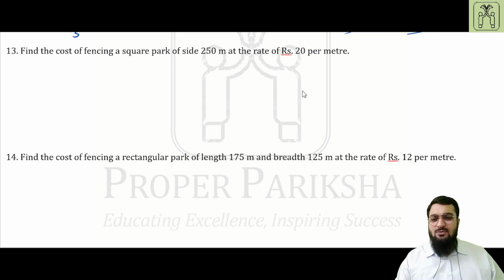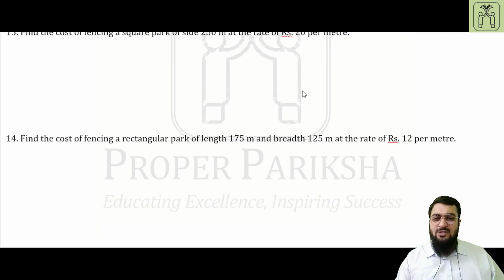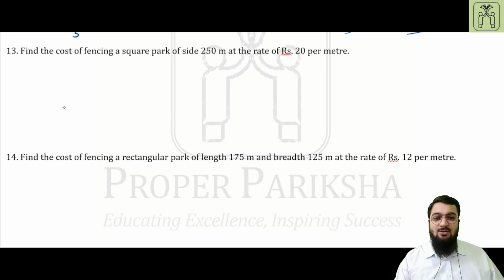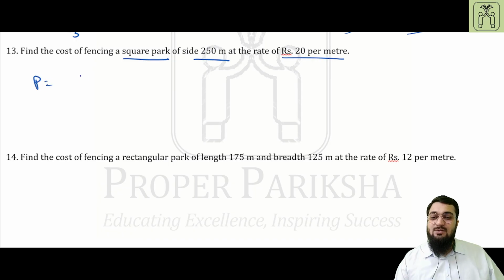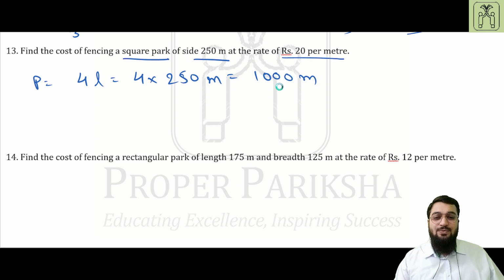Find the cost of fencing a square park of side 250 meters at the rate of 20 rupees per meter. The side of the square park is given and the rate is given. So what do we have to do? We just have to do P is equal to 4L, that is 4 into 250 meters, and this gives us 1000 meters as the total perimeter.